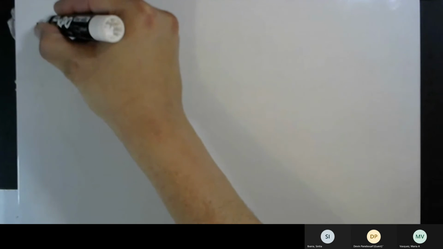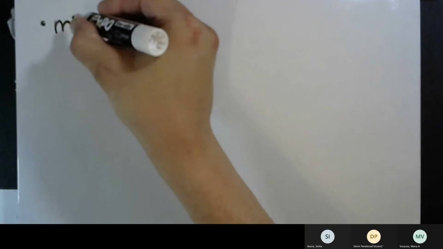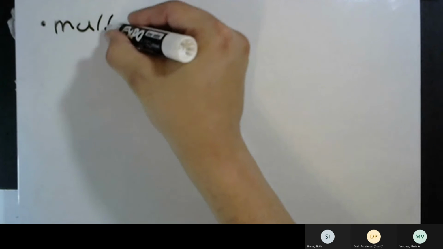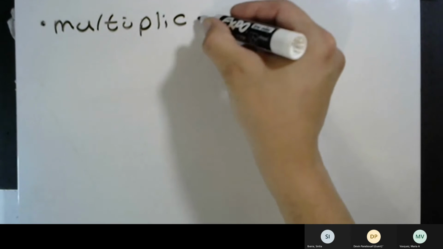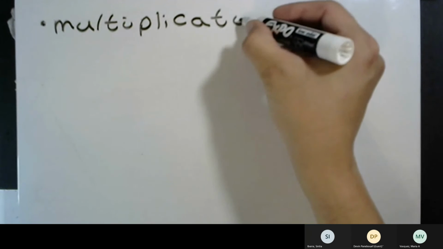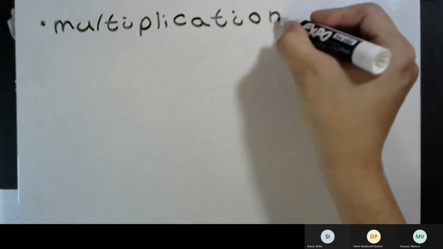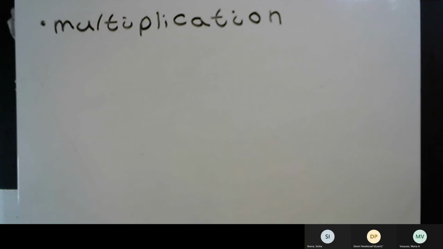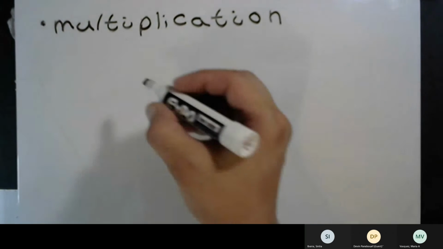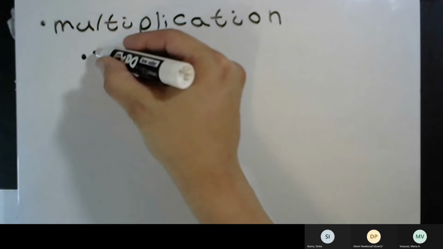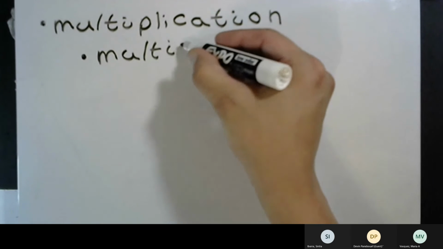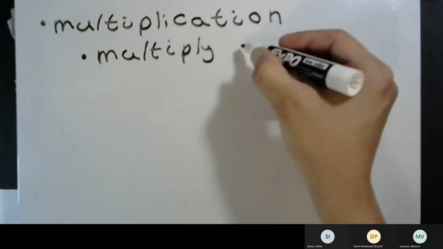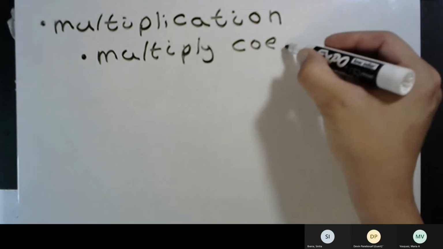So for multiplication, what we're going to do is we're going to multiply coefficients.